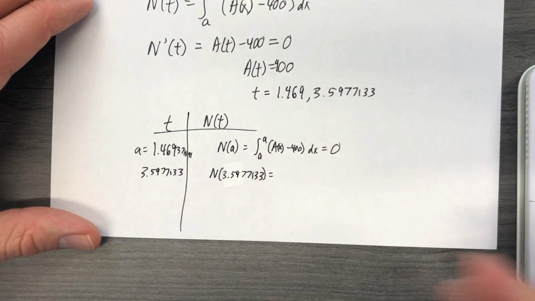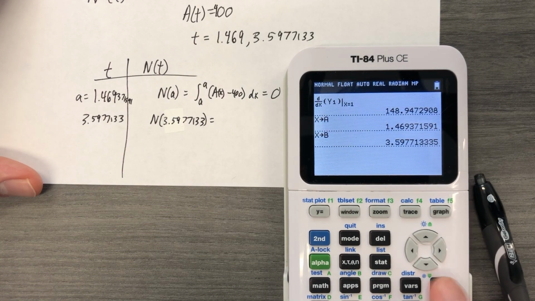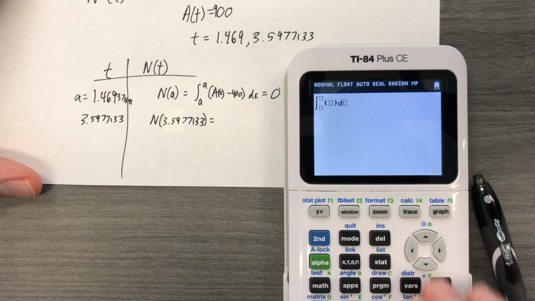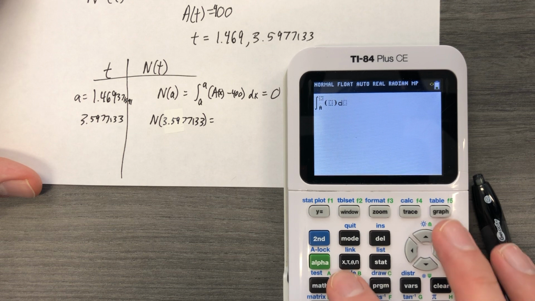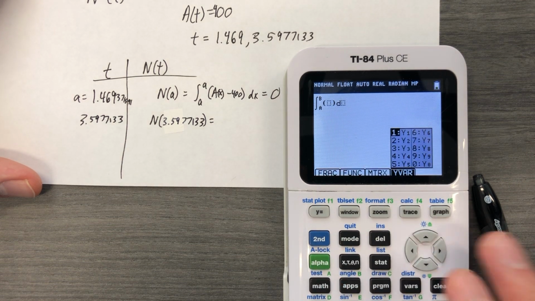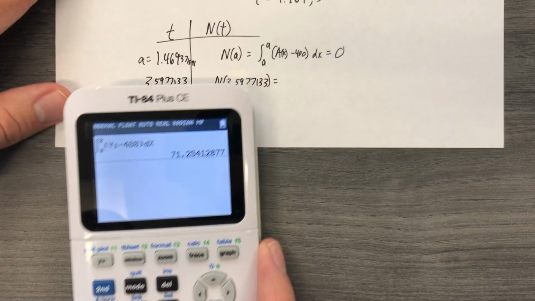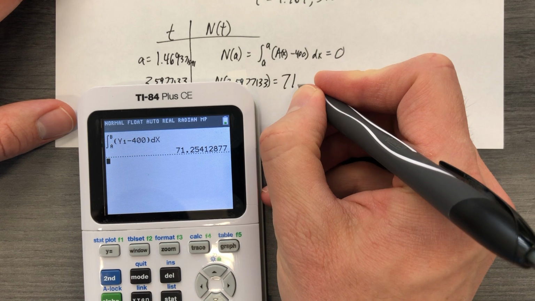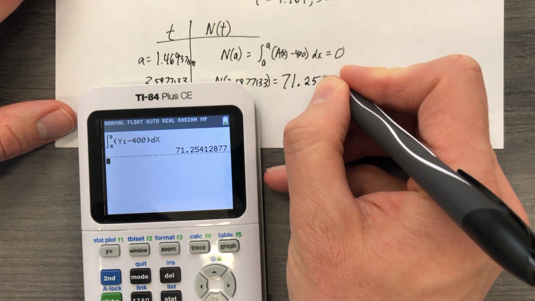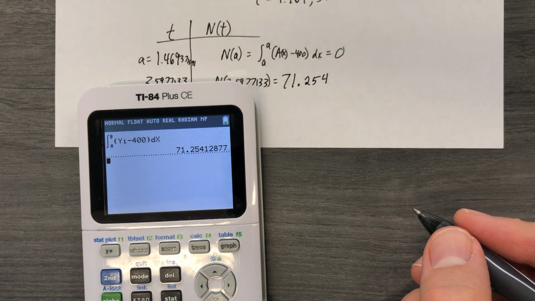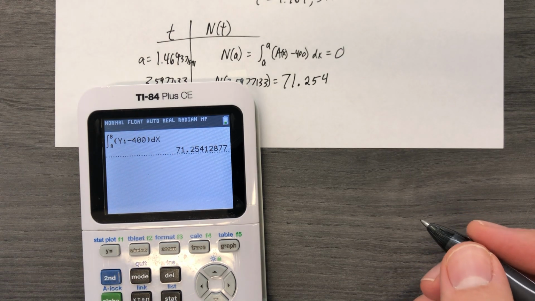All right, don't even want to write all this right now. So let's just do it. Math 9 from a to b of a of x minus 400, and then there's that. And we're going to have 71.254. Now, technically, that's the number of cars, but we'll be okay with that.